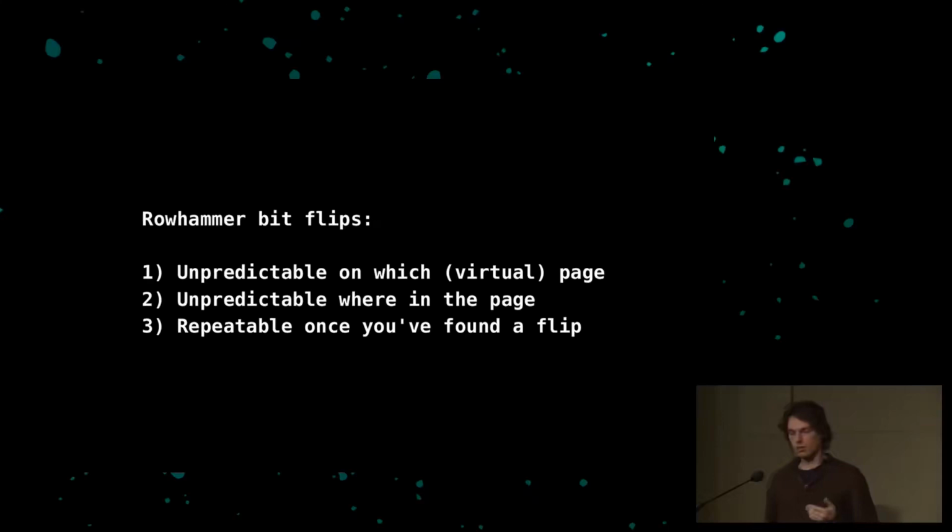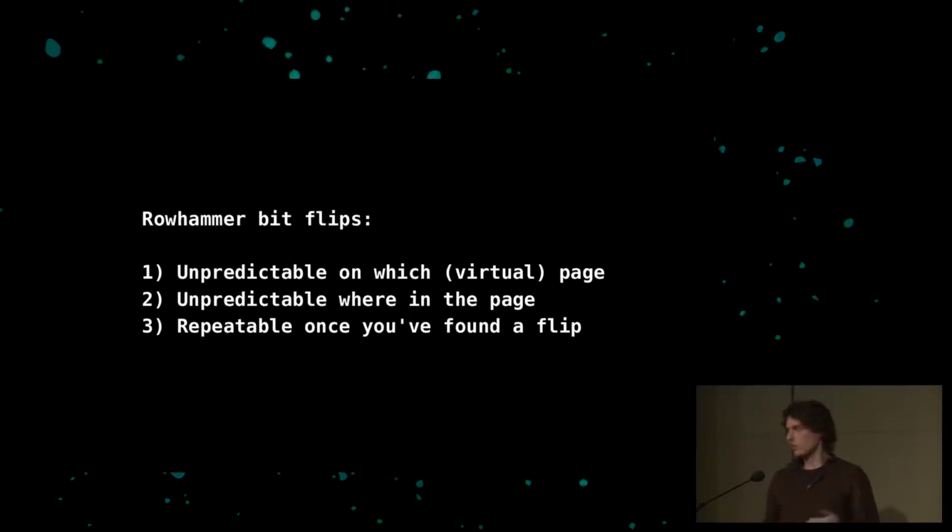Like I said, Rowhammer is a very powerful attack, but it's also quite difficult to exploit because you can corrupt bits, but you don't really control which physical bits in memory are vulnerable to it. And if you can flip bits, the data that's being corrupted has to be useful to you.